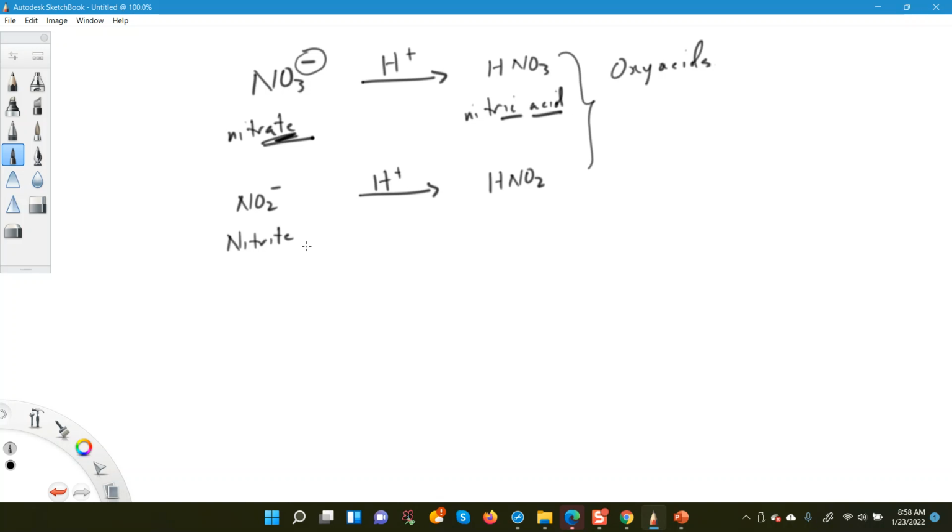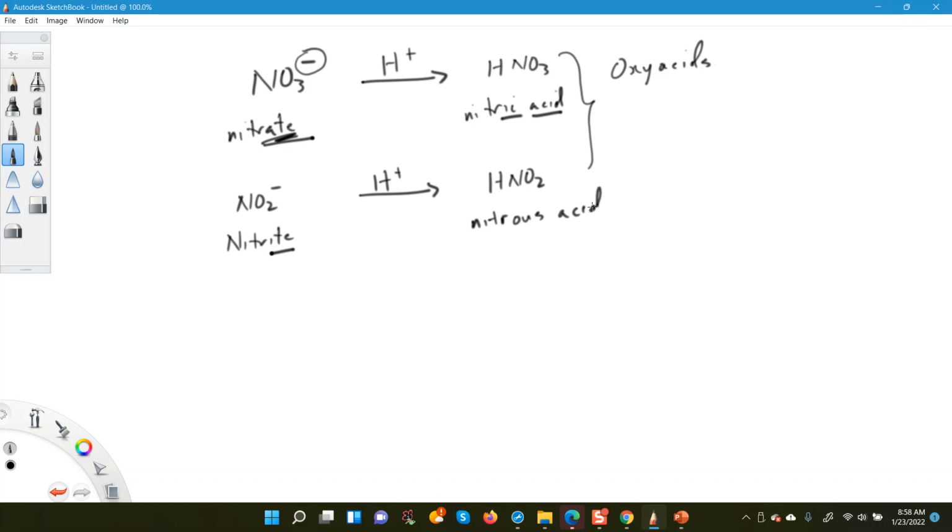Now in this case, the ending of the anion is obviously ITE. That's a nitrite ion. According to the rules set forth by IUPAC, the way we name the corresponding acid is we still start off with the nit, but instead of ic, you're going to have OUS and then acid.